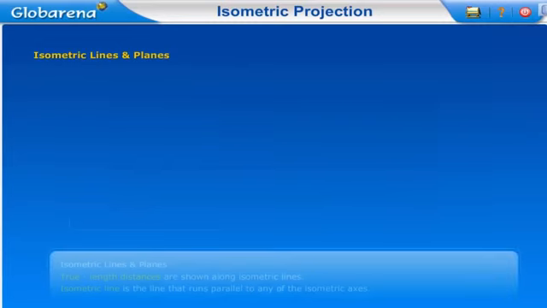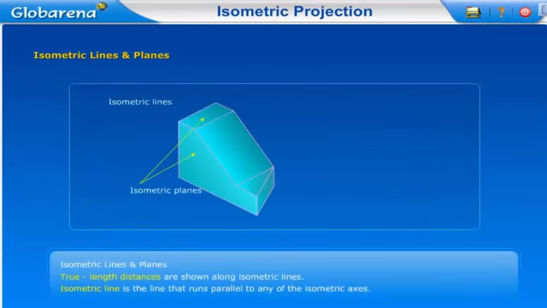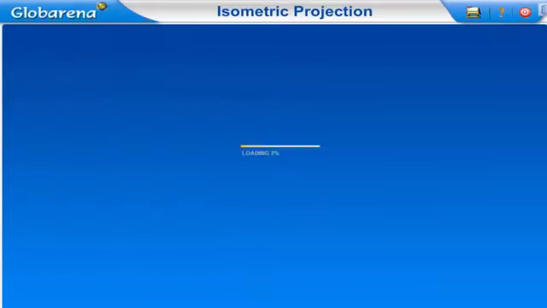Isometric lines and planes. True length distances are shown along isometric lines. An isometric line is the line that runs parallel to any of the isometric axes. Position of isometric axis.